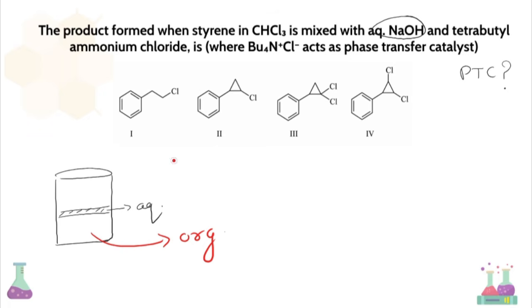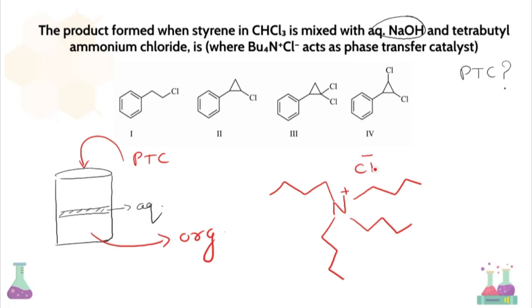In that case, what we do is add a phase transfer catalyst like tetrabutylammonium chloride. The tetrabutylammonium chloride has an organic part like this and an ionic part due to the ammonium chloride. So this is soluble in the aqueous layer as well as the organic layer.